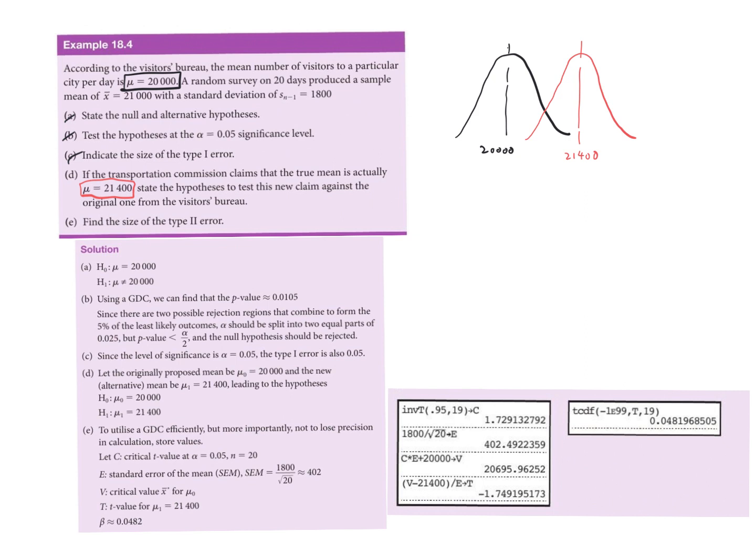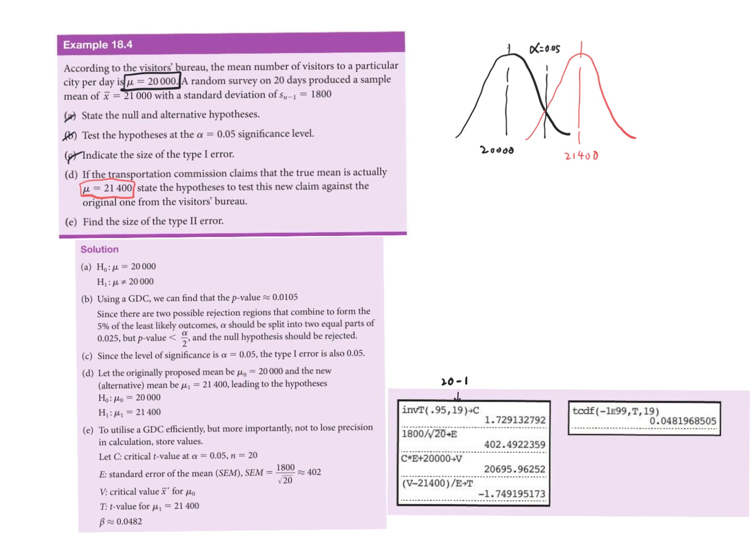The first thing we need to find is the critical value, in which alpha is 0.05. According to the TI-84 GDC, we first find the inverse T statistic, using 0.95 as the significance level, as well as the DF, the degrees of freedom, which is the number of samples minus 1.